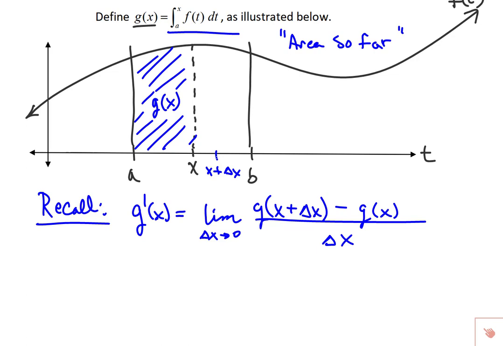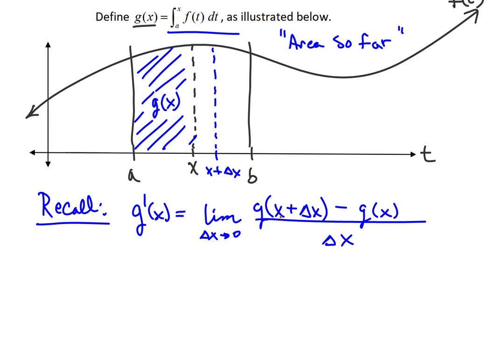The reason that may be relevant is that as part of this difference quotient we now have g of x plus delta x. Now in our diagram, where x plus delta x is, I'm going to add another vertical dashed line segment to mark where that would be, all the way up to our function, our f of t curve.